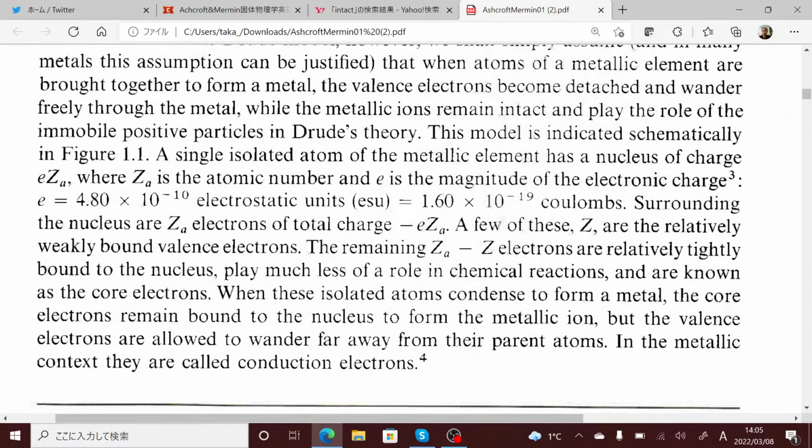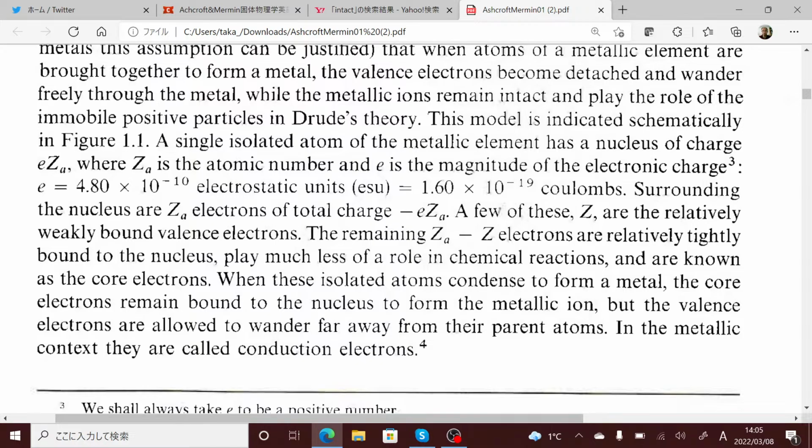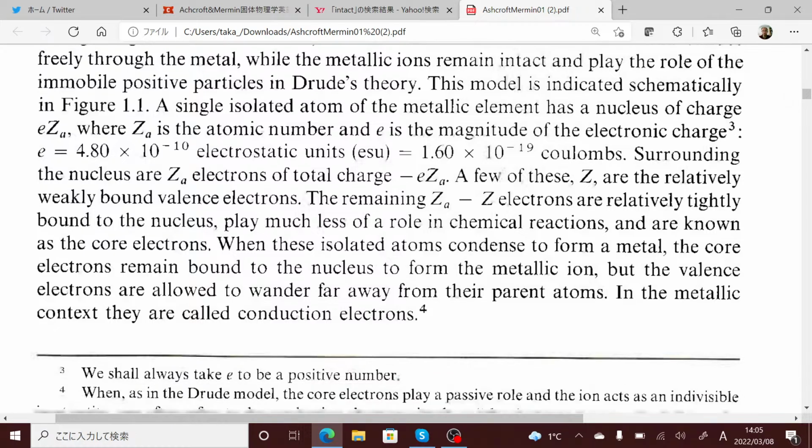A single isolated atom of the metallic element has a nucleus of charge eZ_a, where Z_a is the atomic number and e is the magnitude of the electronic charge.